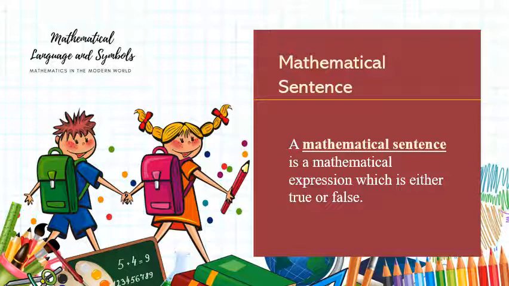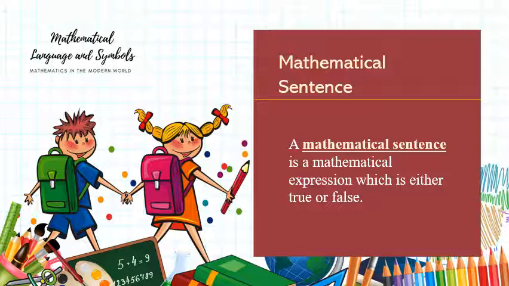However, when we say closed mathematical sentence, which is known to be either true or false, you can really say that it is true, and you can really say that it is false. That is a closed mathematical sentence.